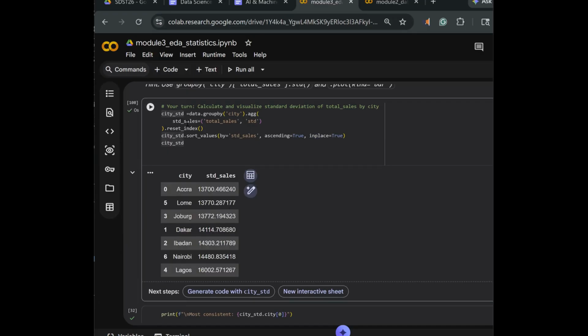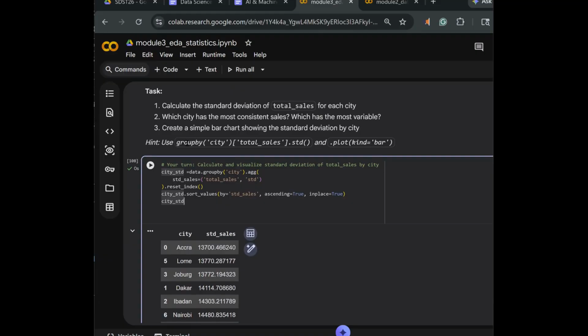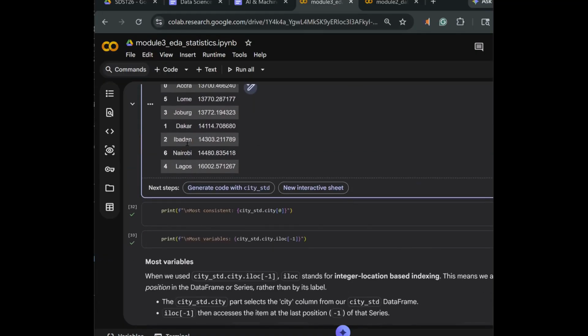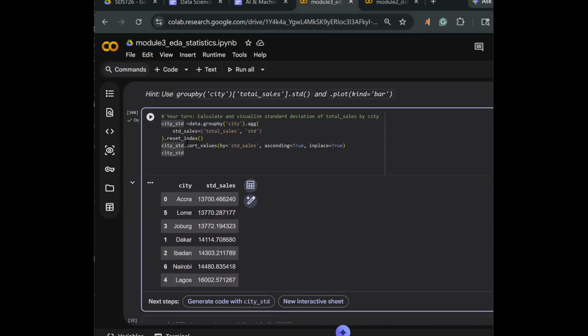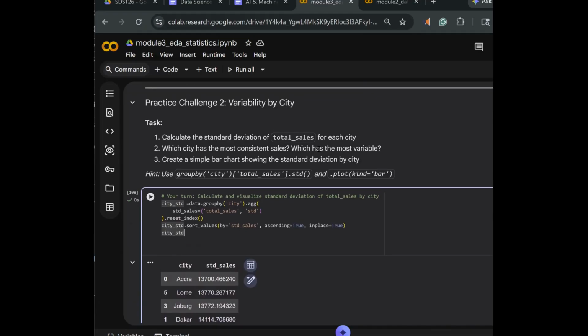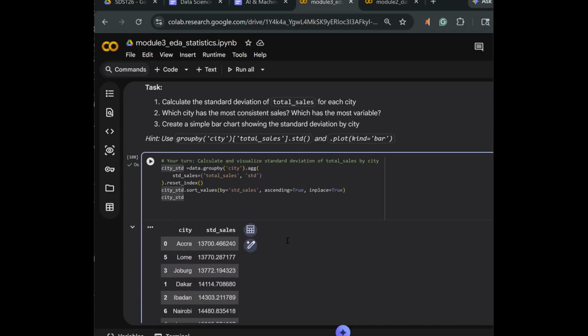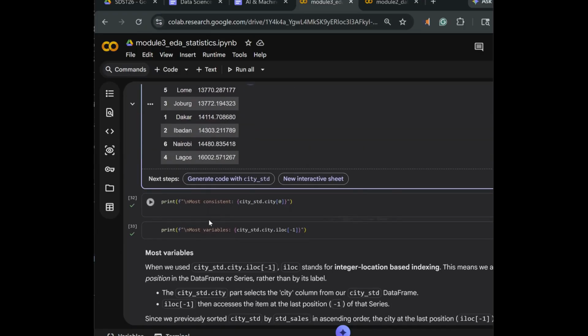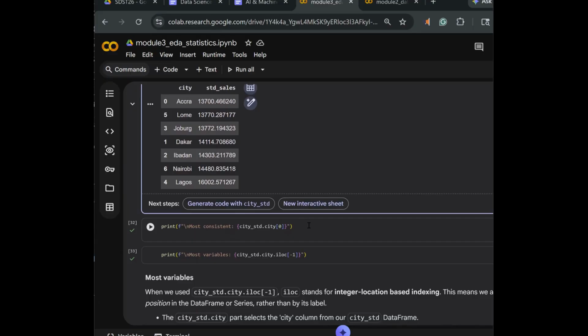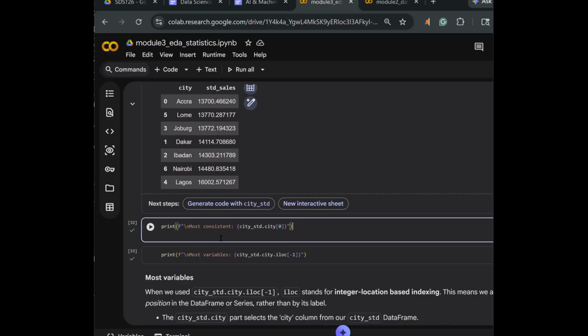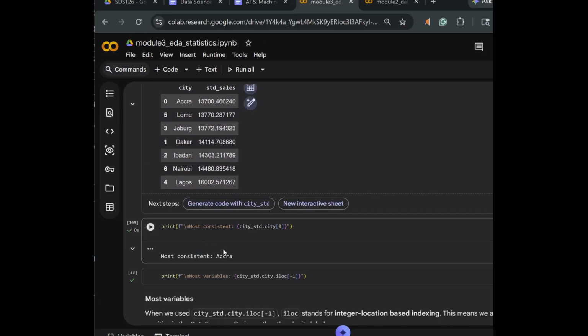Let's see what we have here. So here we have Accra. Now we also have which has the most variable. So the most consistent is this Accra, right?